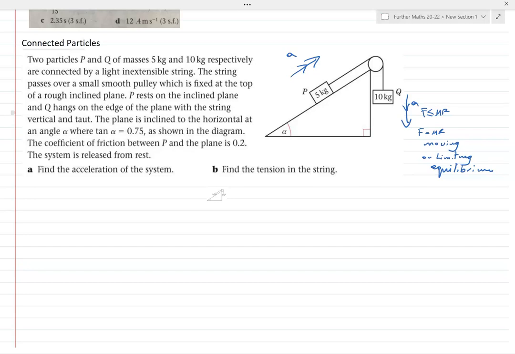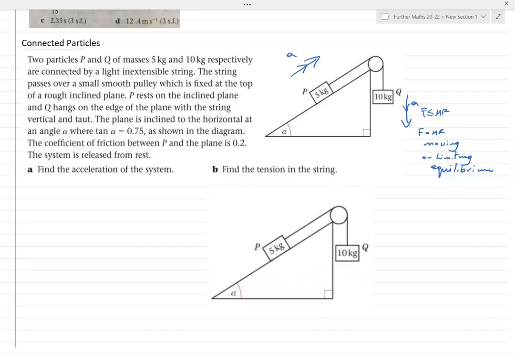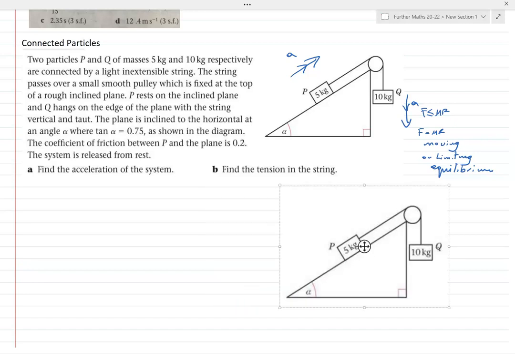We're going to assume it's the same both sides of the pulley, and that the thing that makes that assumption viable is the fact that it's inextensible. So for every bit P moves up, Q will also move down. So we could assume the acceleration is the same both sides of the string. And we can also assume that tension is the same on both sides, and that's all to do with the fact that the pulley is smooth.